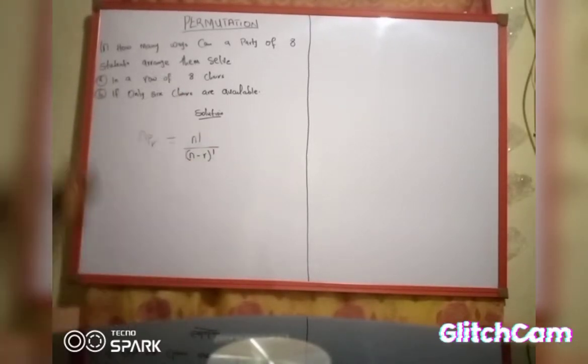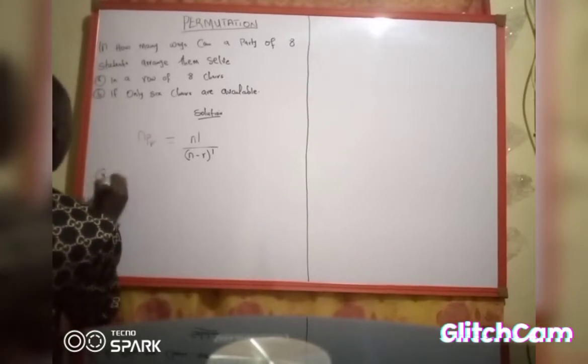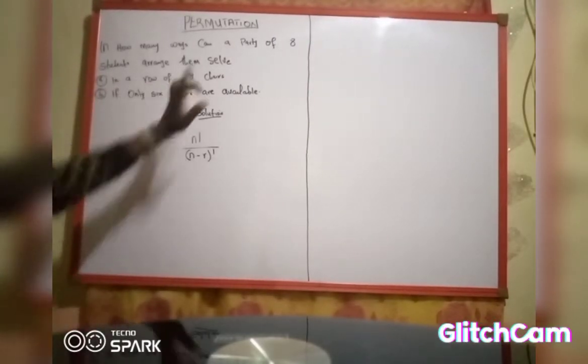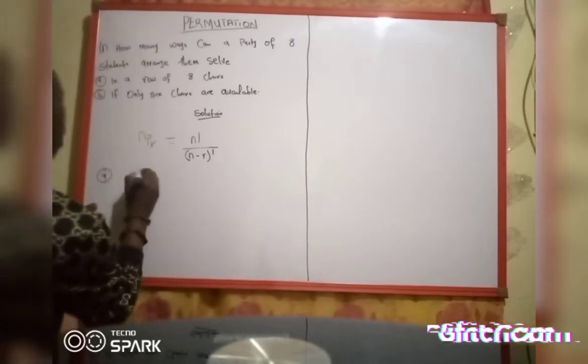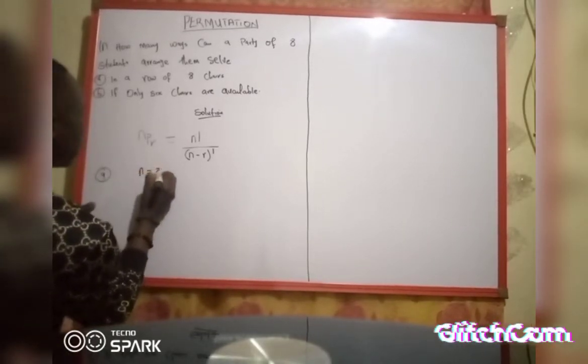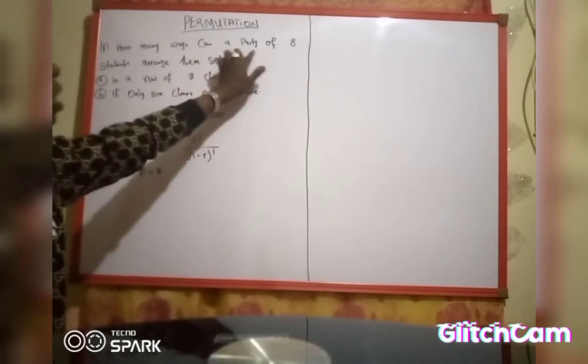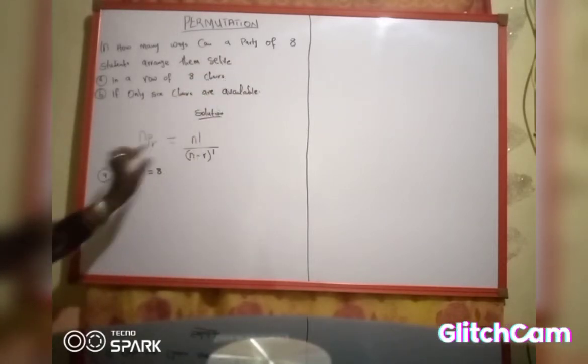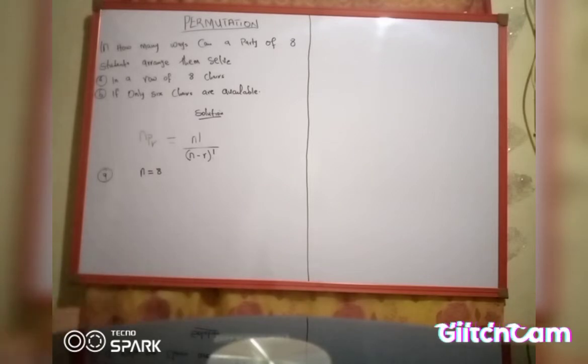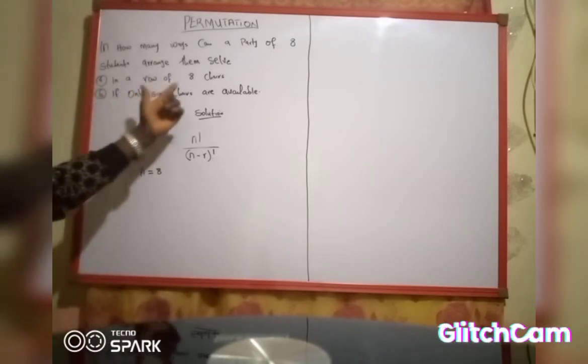So from this question, number A says in a row of 8 chairs. My n now will be equal to 8 because the party here, the committee, we have 8 students. My r, which is the number of arrangement, the question is in a row of 8 chairs.